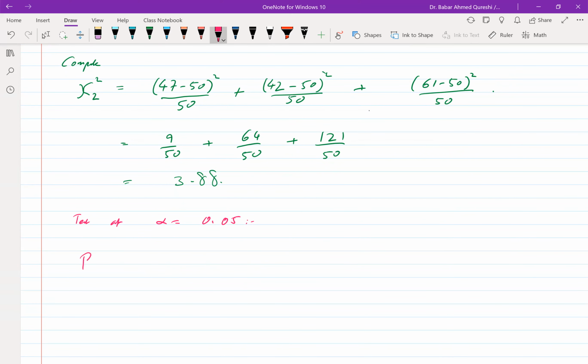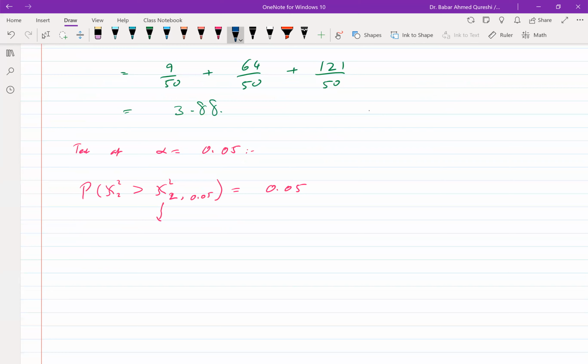So what's the probability, at 0.05, the chi-square value, if I look for this critical value, let me just compute it from the StatTrek.